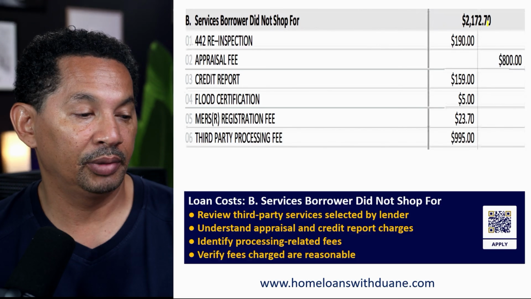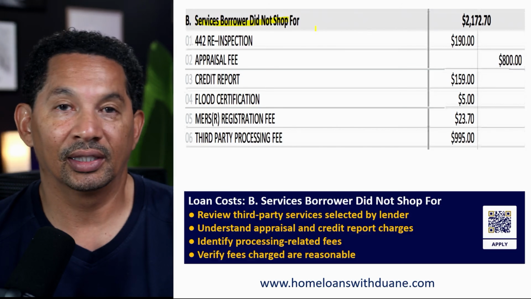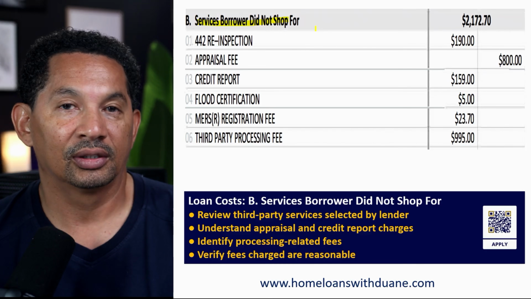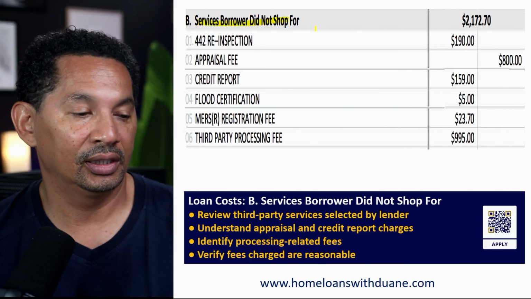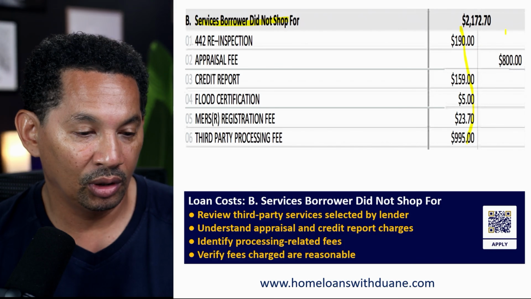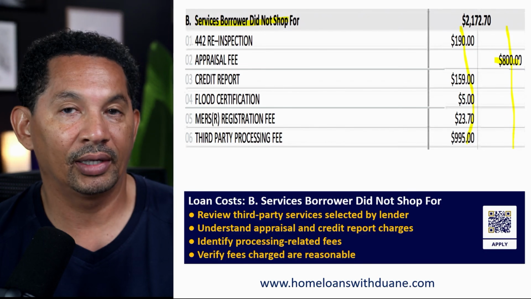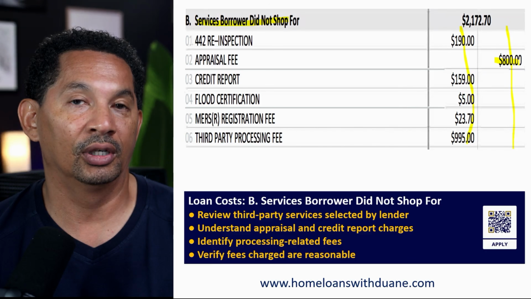Okay, now Section B, services you cannot shop for or did not shop for. And again, you cannot shop for any of these fees. So you will see right here that you have one line and one line here. This is typically going to be the appraisal fee on the right side because you paid that up front.